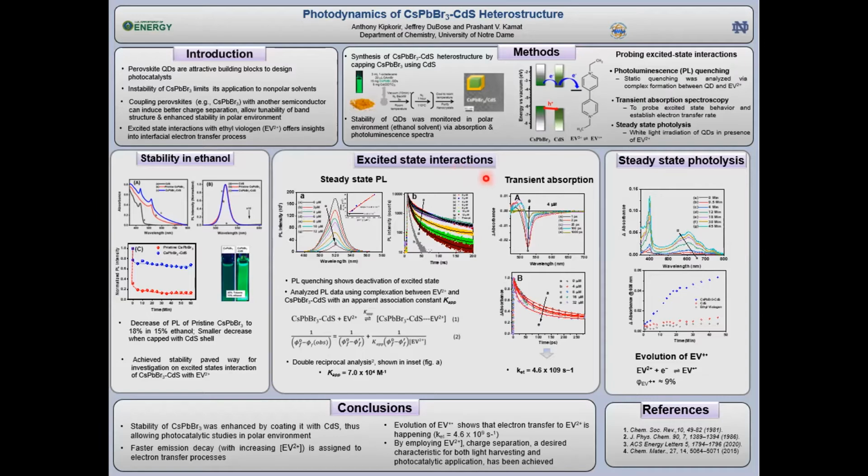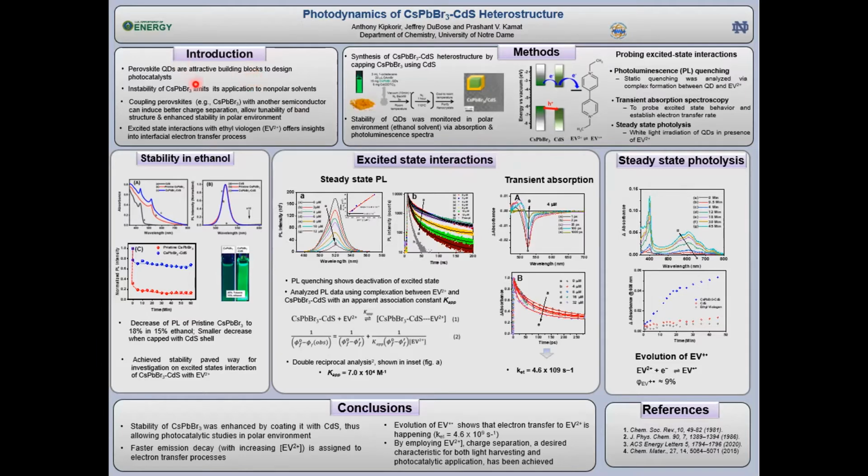So my work is in photodynamics of cesium-lead bromide CdS heterostructures. These are basically perovskites that have been capped with CdS, which is another semiconductor, all in the spirit of making sure that it is stable in polar environments.